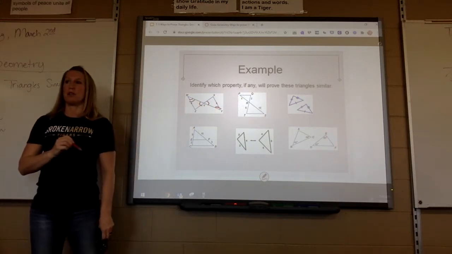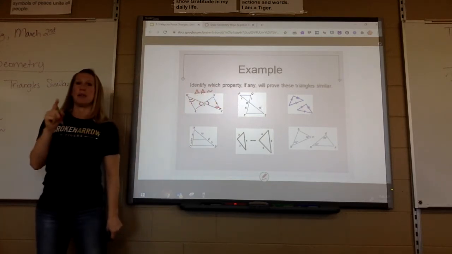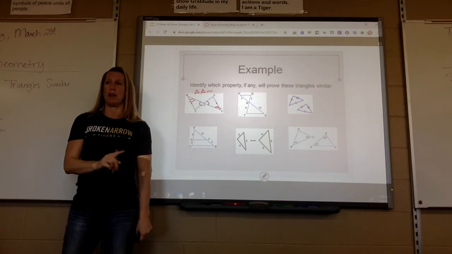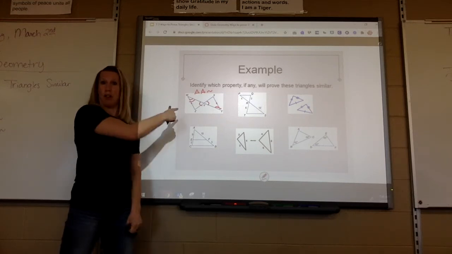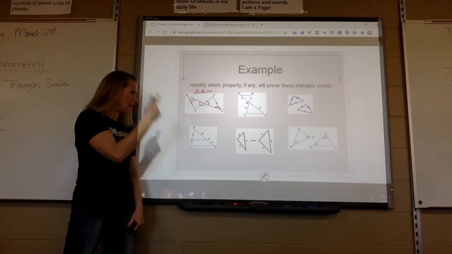So those triangles would be similar by angle similarity. Anytime you see arrows, why are they going to be similar? Angle. Arrows start with A, angles start with A.